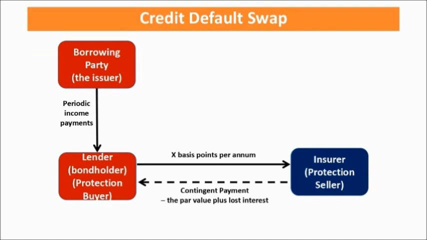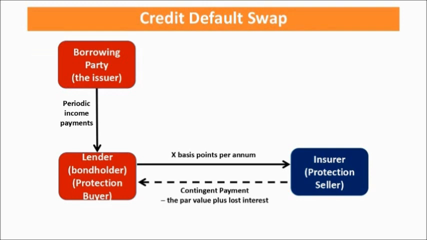So in a credit default swap, what happens is the protection buyer, the lender here, buys a protection from the protection seller, the insurer, with some interest. In return, the insurer will get the interest payment for selling this protection, and he will enjoy the profit as long as the borrowing party to the lender will not default.